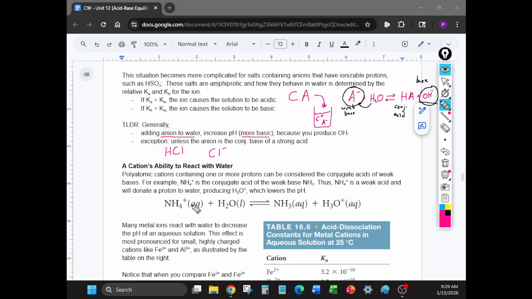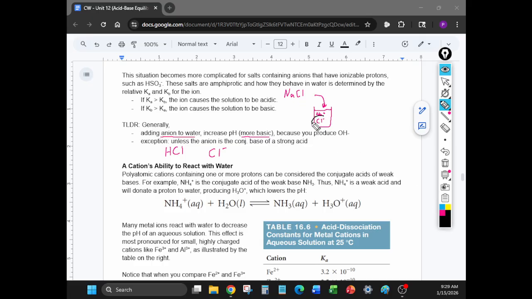Let's say that you add Cl minus to a solution. So for example, we have a salt where Cl minus is the anion. Let's not look at a generic salt, but let's say we were adding table salt, the salt that we're familiar with, NaCl. If you add NaCl to a solution of water, it's going to ionize into Na plus and Cl minus.